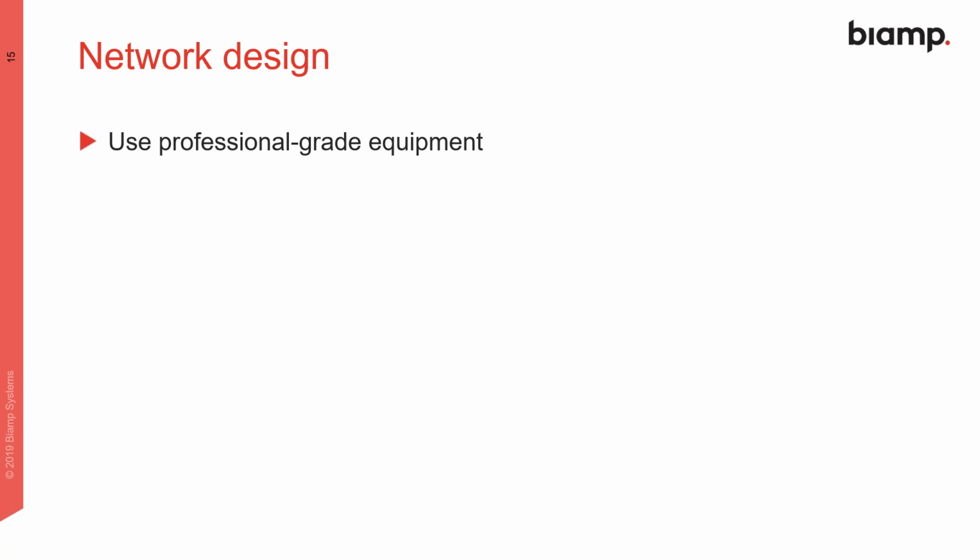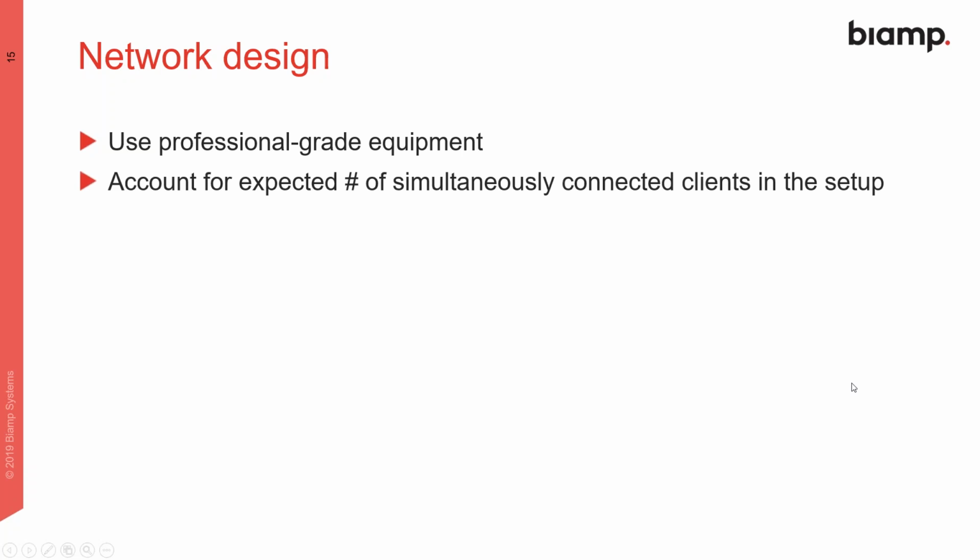The thing is that professional grade equipment will have specific specifications for performance ratings. For instance, if you're planning a bigger CrowdMics setup, you want to know the expected number of simultaneously connected clients in the setup. That's an important number. And of course, professional grade equipment can give you ratings about that.